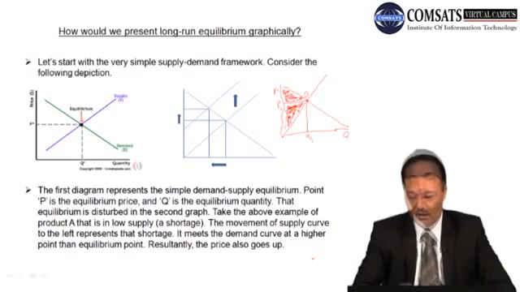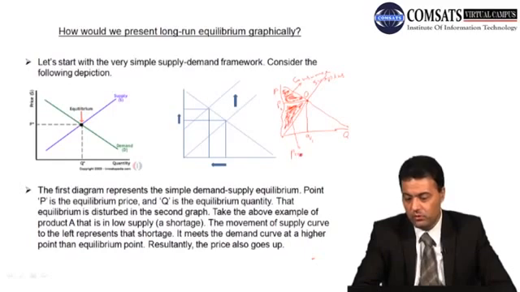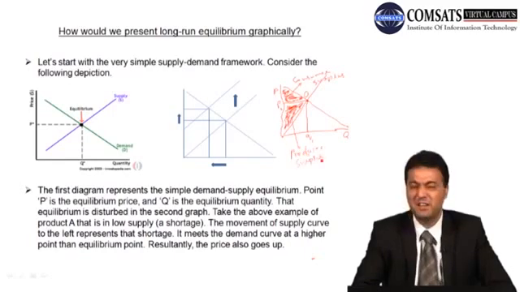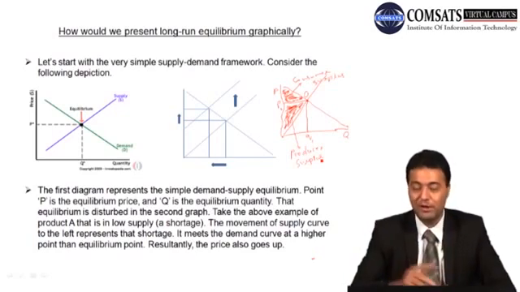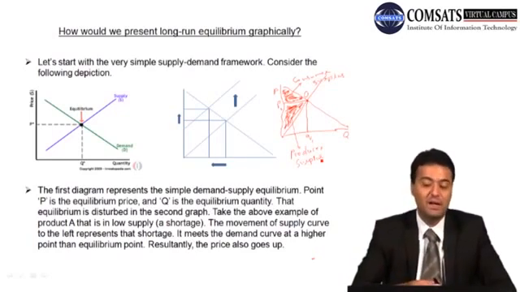These two triangles, one is the consumer surplus, this one over here is the producer surplus. My writing isn't that bad actually, but this is what happens with writing on this kind of board. But anyway, hopefully this is understandable and legible.